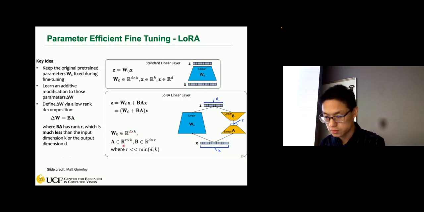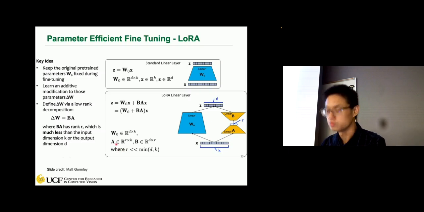So here we can use two matrices to approximate or be equivalent to W0. A has a dimension of R times K, and B has a dimension of D times R. If we do B times A, we still get a D by K dimension, as the original W0.